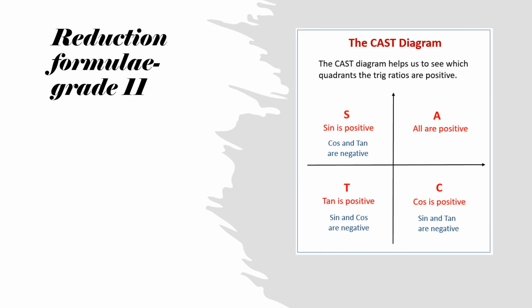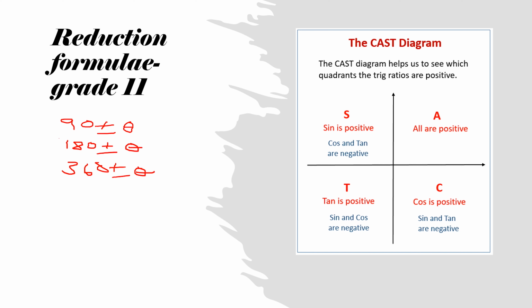Then we'll look at the reduction formulae, which were taught in Grade 11. You were taught in Grade 11 that any trig function whose argument is 90 ± θ, 180 ± θ, or 360 ± θ can simply be written in terms of θ.